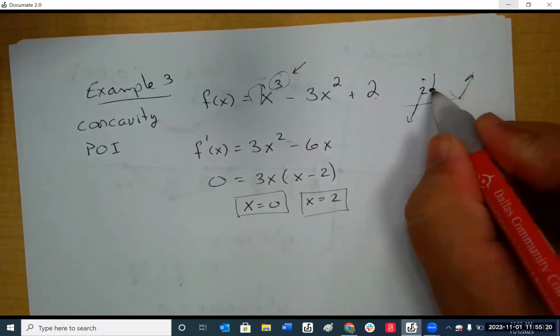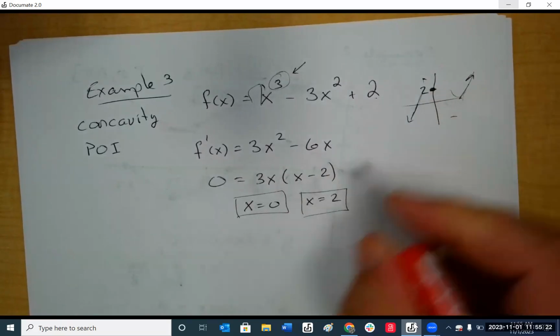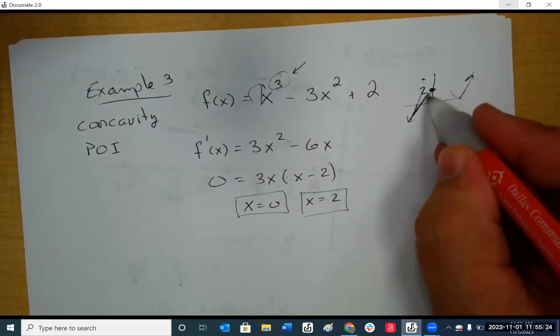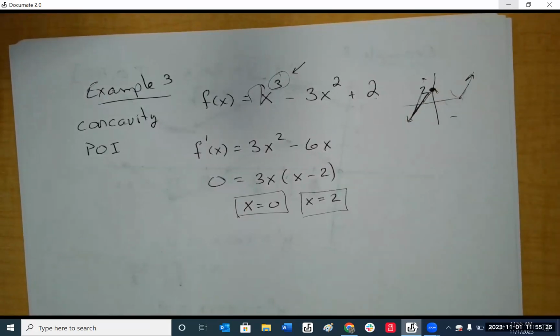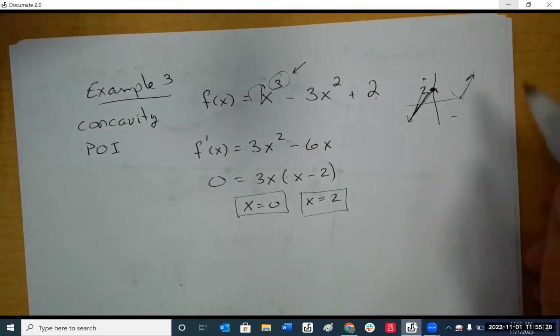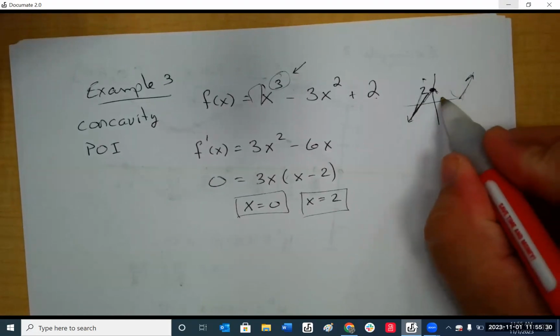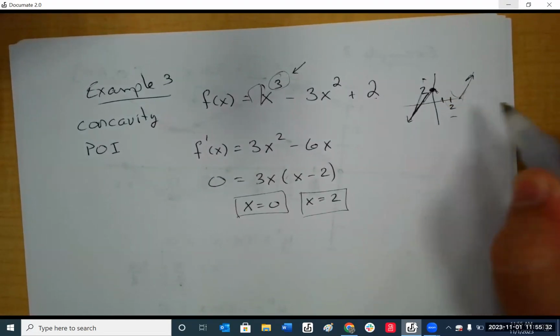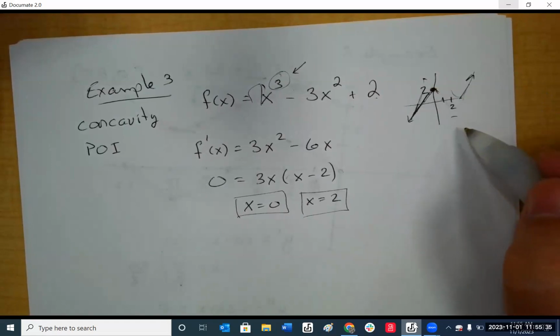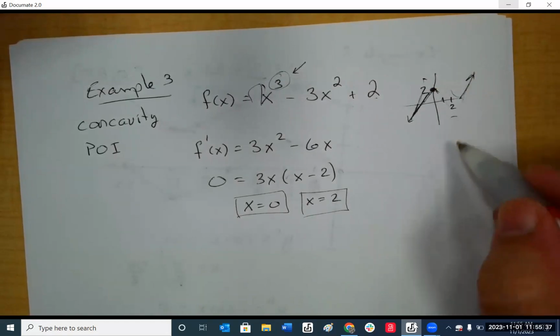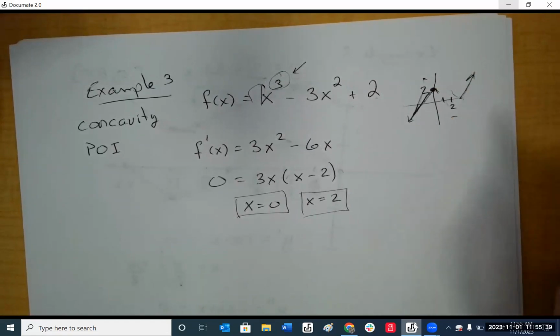Since the y-intercept happens when x equals 0, that has to be our maximum. And at 2, because it's a decreasing function, it has to have a minimum there.